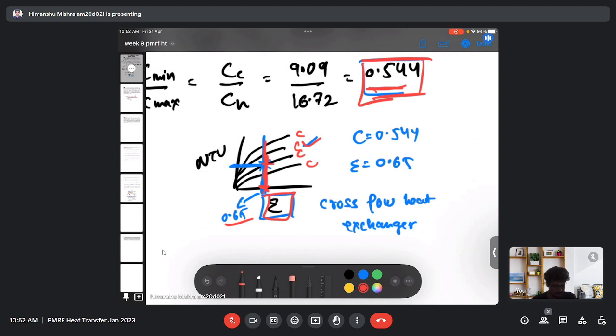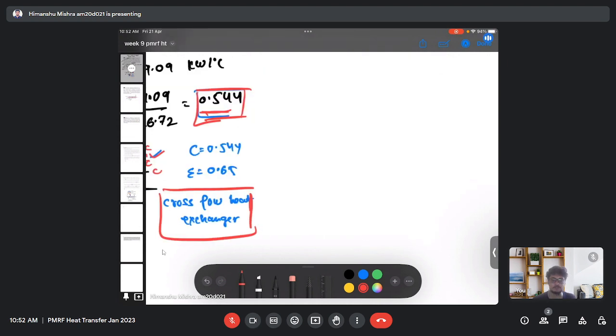For this, I can get my NTU. So just try to look into the book. It will be very useful for the cross flow heat exchanger because you have to use the graph for calculating the NTU.